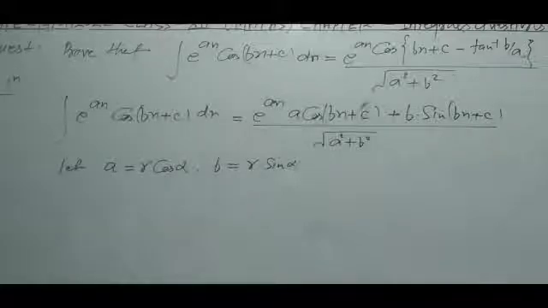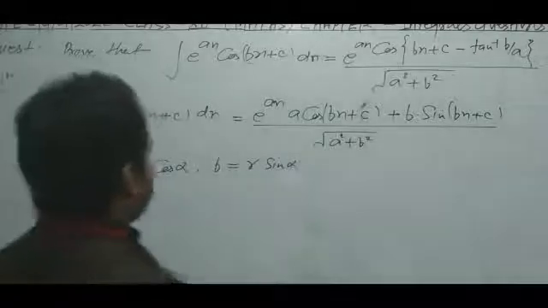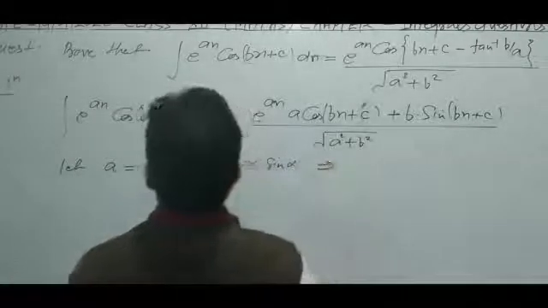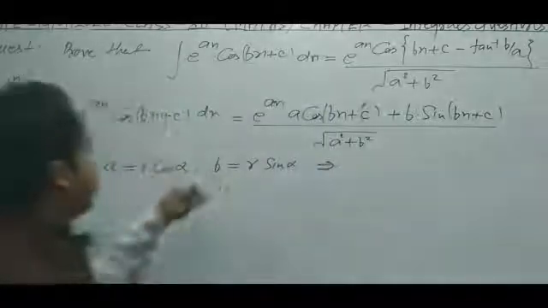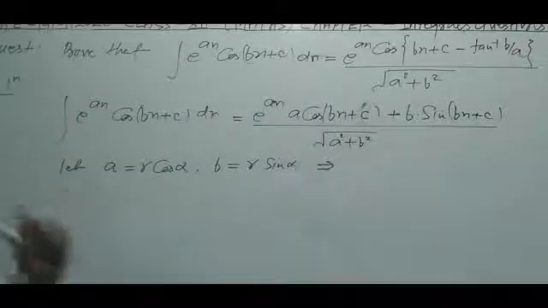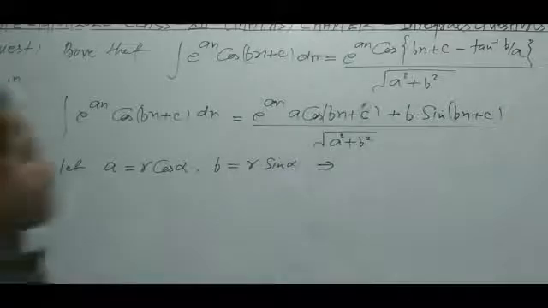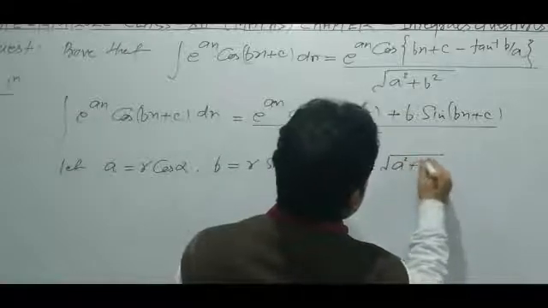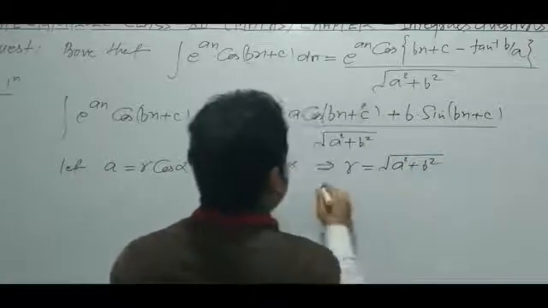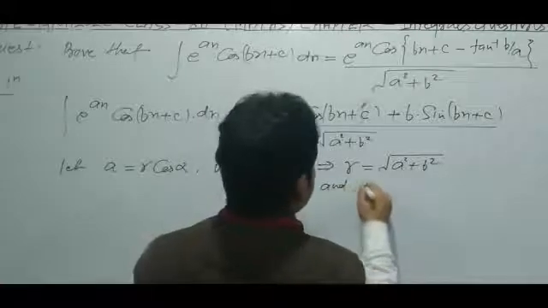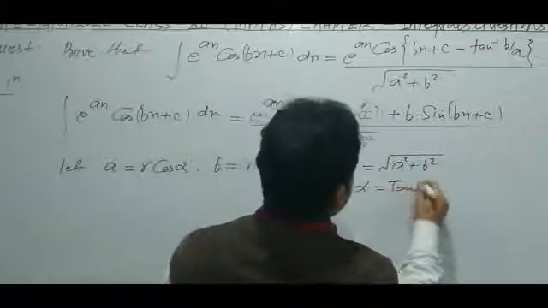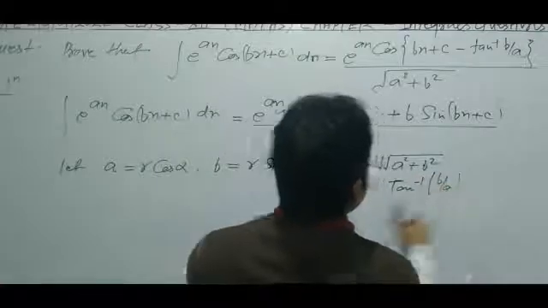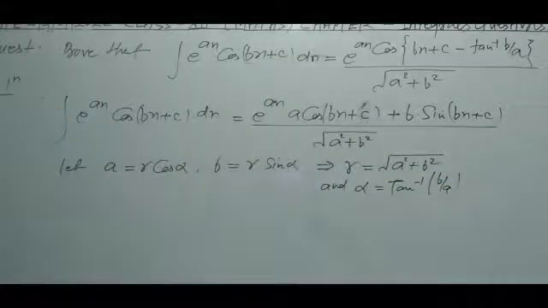So this implies we can write b by a is equal to tan alpha. So r is equal to root over a square plus b square and alpha is equal to tan inverse b by a. This will be the result when we have considered this value.